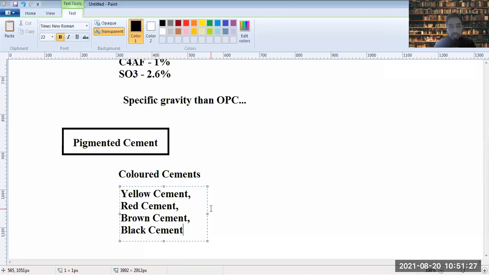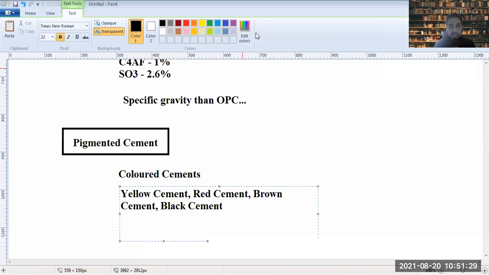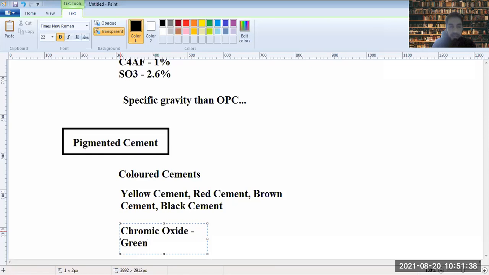Now these would be the different colors of cement that you could get from adding different products during the formation of the cement. If you add chromic oxide, you will get the green color in the cement.